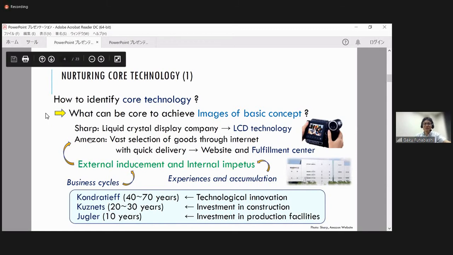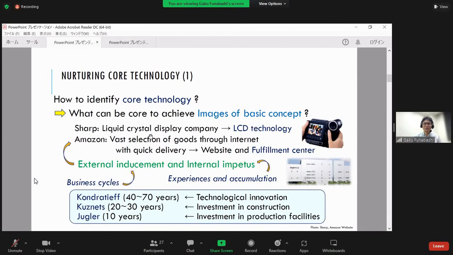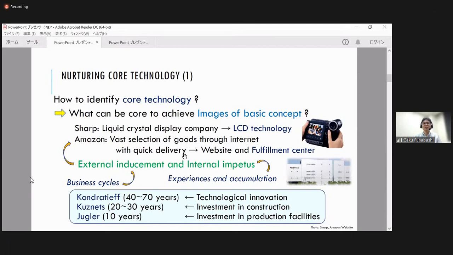How about Amazon? What kind of images did the founder of Amazon have when he started this business? First, the selection of the goods through the internet. He started with the book only, but later expanded to any kind of goods. The selection of the goods through the internet with quick delivery.